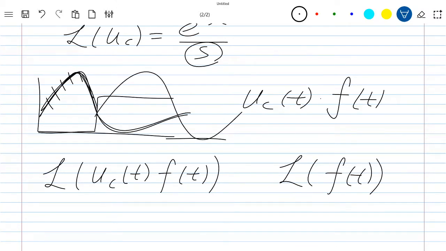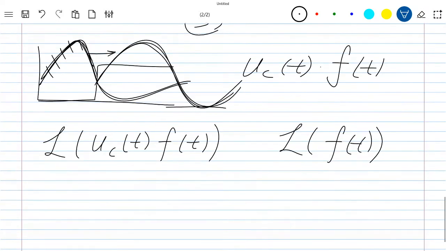So you move the function there, then integrate. Then you can see all of the information of the function is retained, right? So the correct function is not f of t, it's f of t minus c, because if you shift the function to the right, it can be written as f of t minus c.